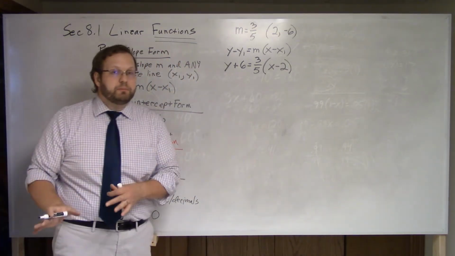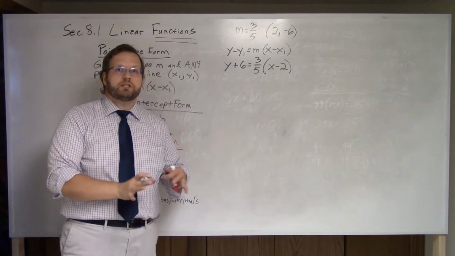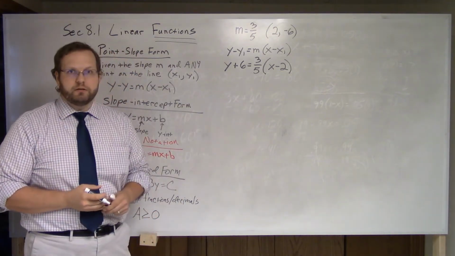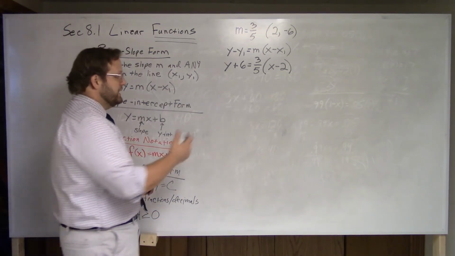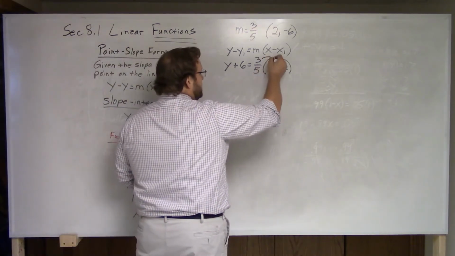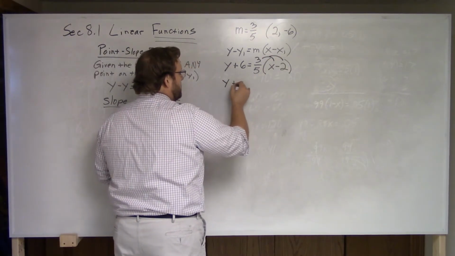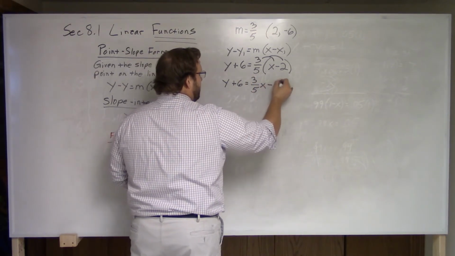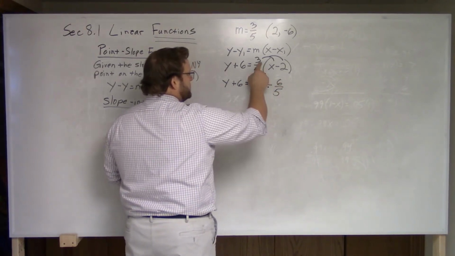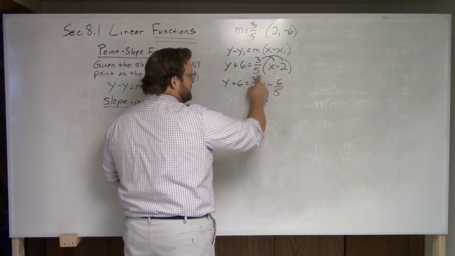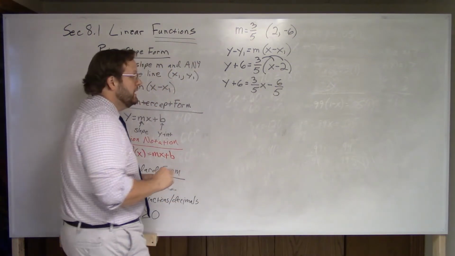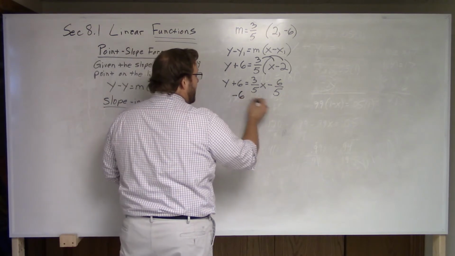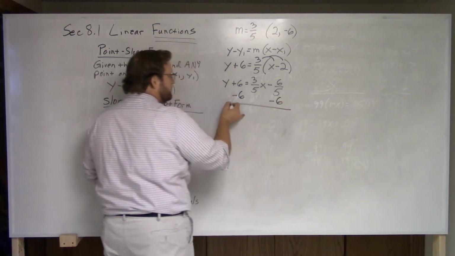If there's a problem in this section that says give me the point slope form, I would be done right here. But let's go further. I'm going to distribute. It's just 3 times -2 is -6, and then that 5 is there. Then I'm going to subtract a 6.